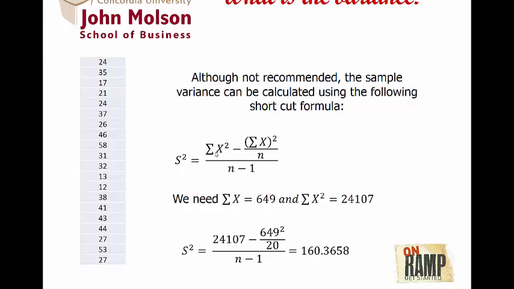And when I substitute in the equation, I find the same answer, 160.3658. Although I recommend that you learn how to use your calculator. Maybe Excel will not always be available, but your calculator, small, user-friendly, should always be.